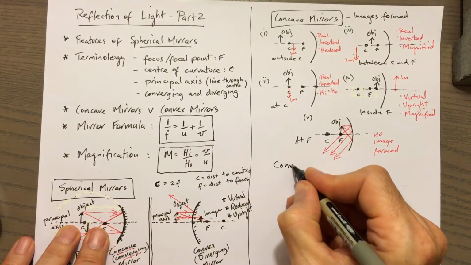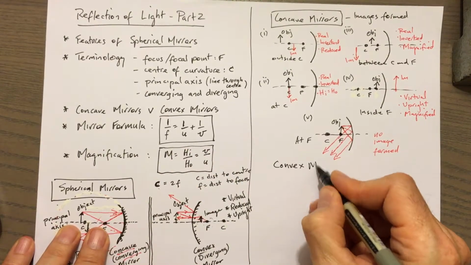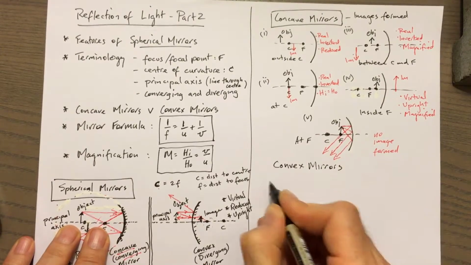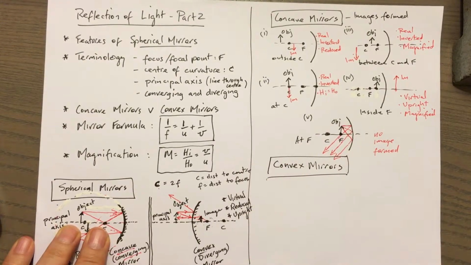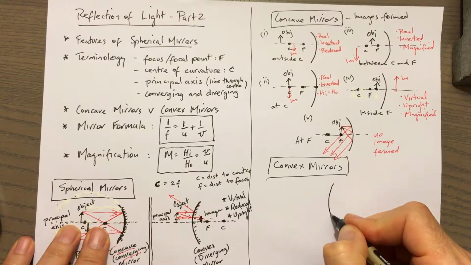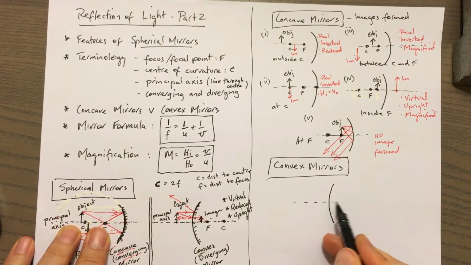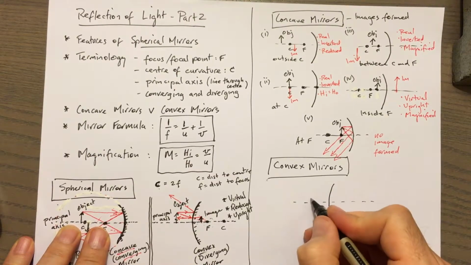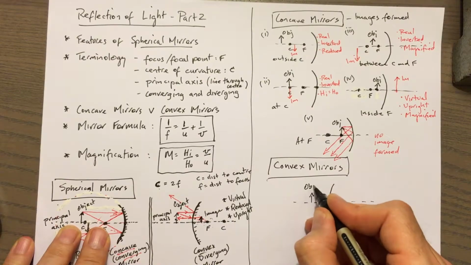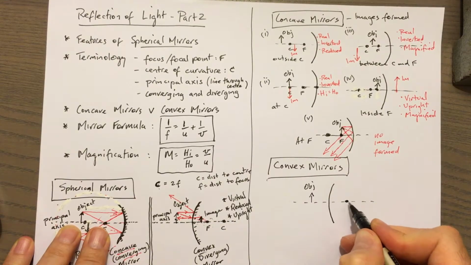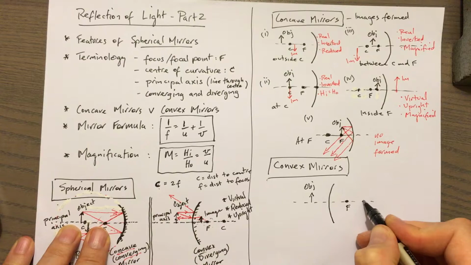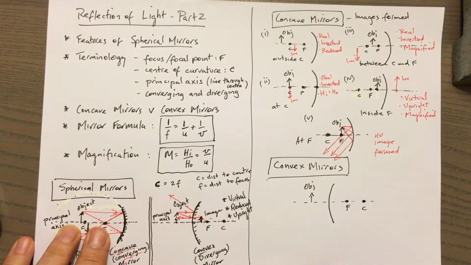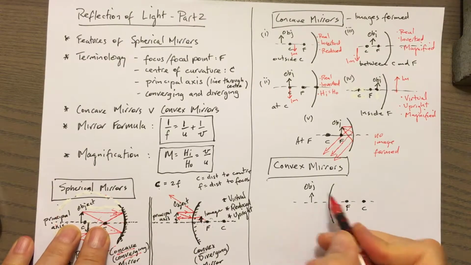So just a very quick last thing on convex mirrors. Convex mirrors, I said before, there's only one case. Okay, and here it is. So we have an object here. We have a focal point here. We have a center of curvature here. And we can do our ray diagrams again.